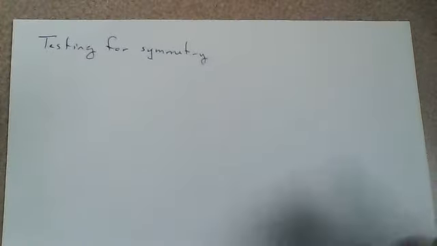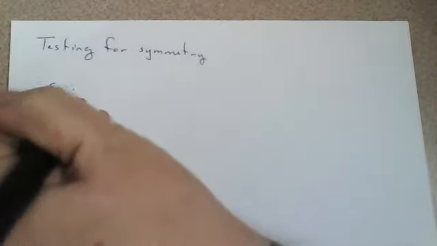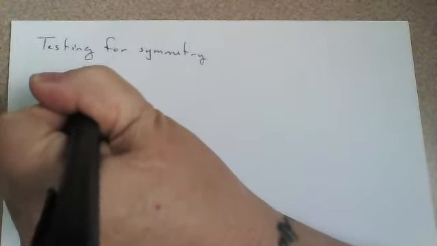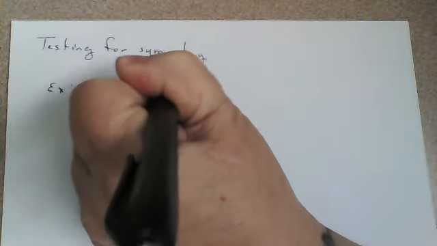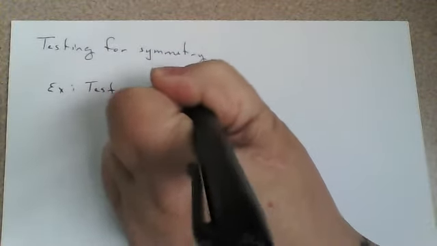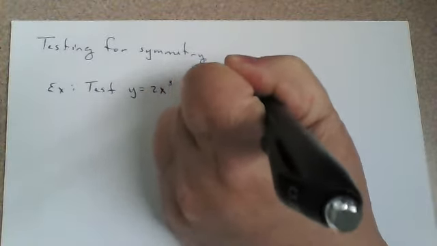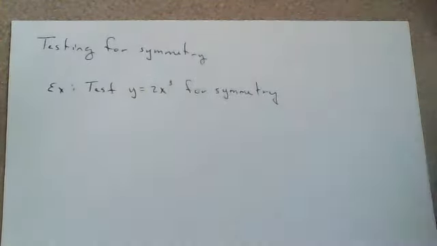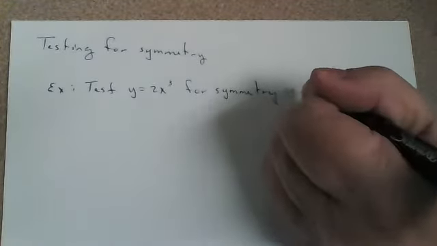So when we're testing for symmetry, for example, we have the question: test y equals 2x cubed for symmetry, right? It might say with respect to the axes and origin, it might just specify what kind of symmetry it wants, but we are going to do it both ways, right?